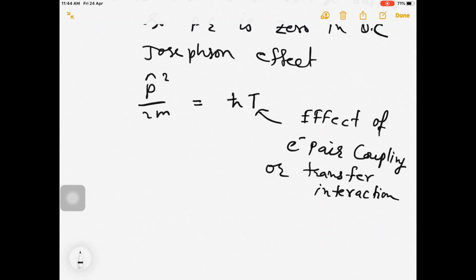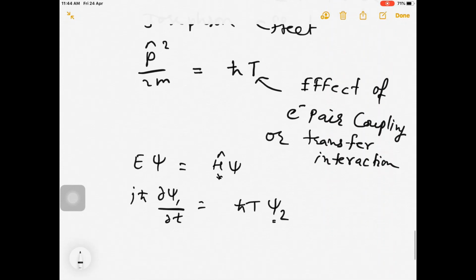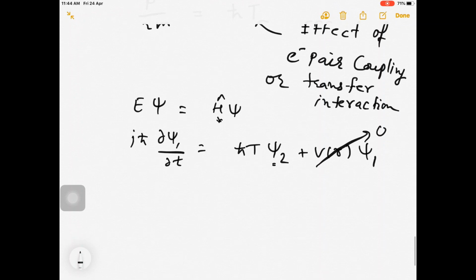Okay, so our Schrodinger equation becomes iota h cut del psi 1 del t equals h cut T psi 2, for the second superconductor, plus V of r psi 1, but potential is 0. So this is our first equation.